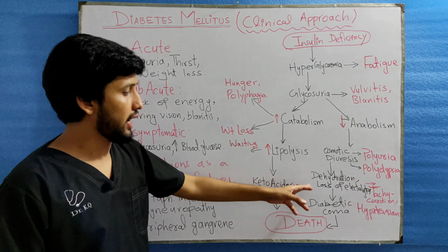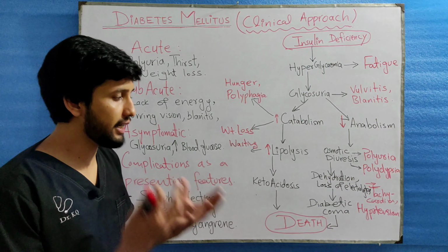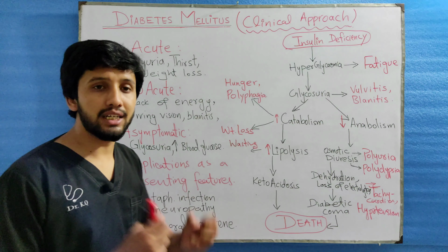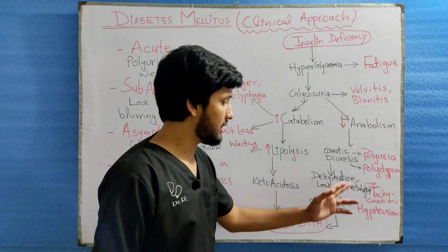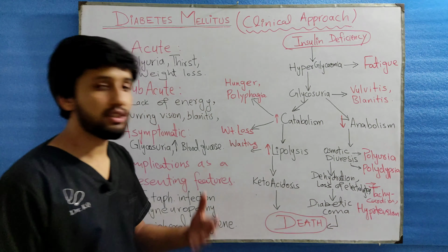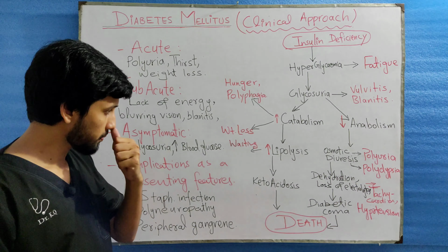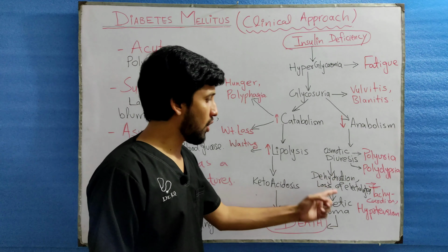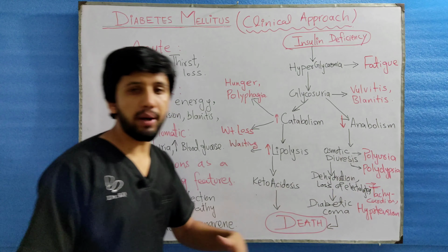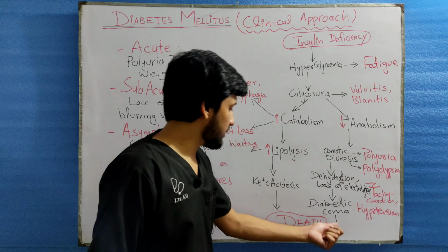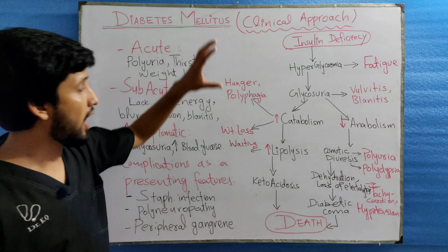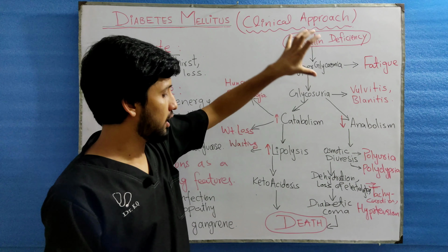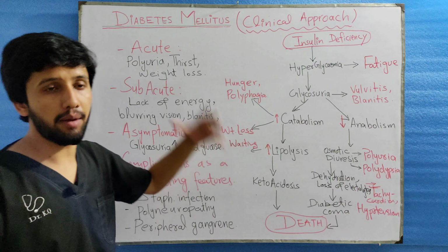This loss of electrolytes will result in tachycardia, that is increased heart rate, and dehydration will result in hypotension, which is decreased BP. This dehydration and loss of electrolytes will result in diabetic coma, which will further lead to death. This is how extreme hyperglycemia leads to death of the diabetic patient.